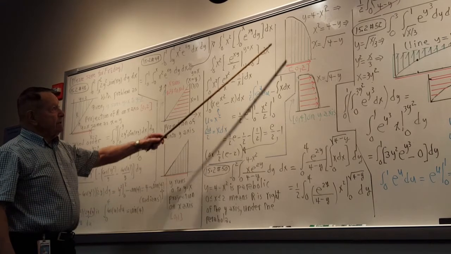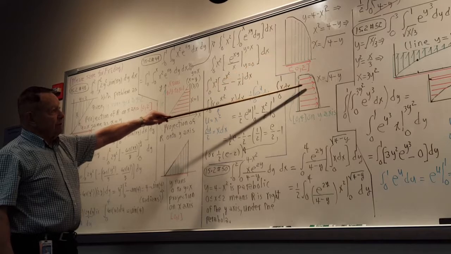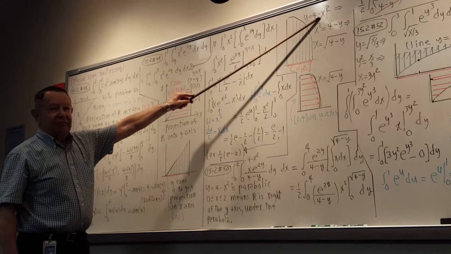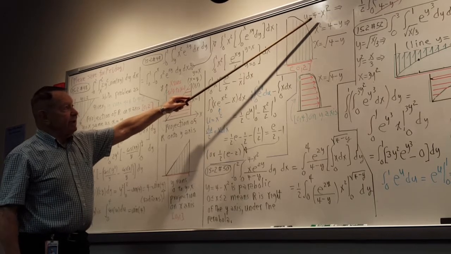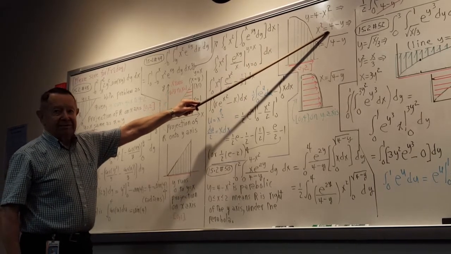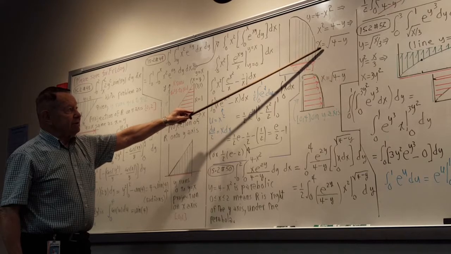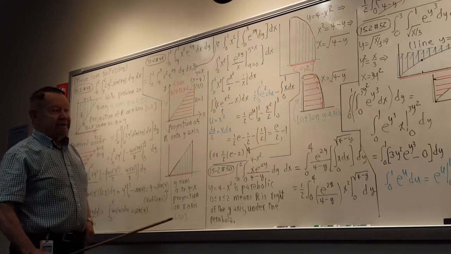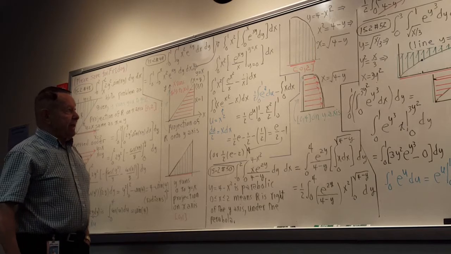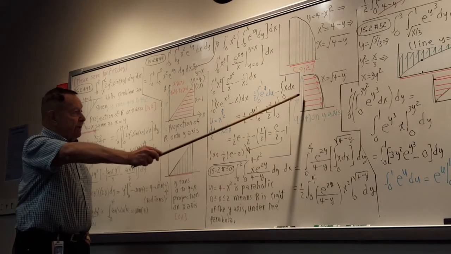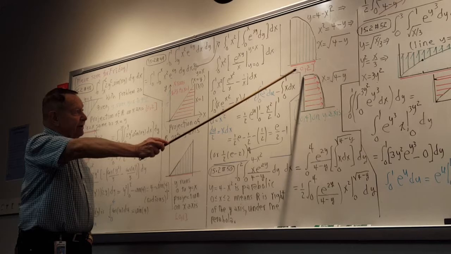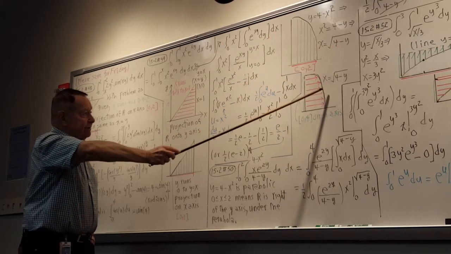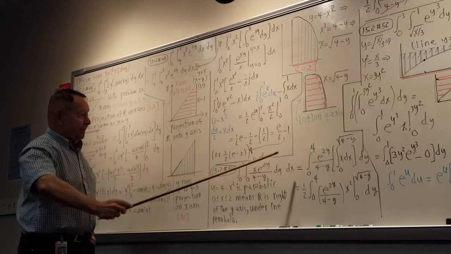picture. So if you're going to go this way, then you have to solve for x. So x squared is 4 minus y, so x is the square root of 4 minus y. And so now you can think your arrows are all starting on this edge and going that way.